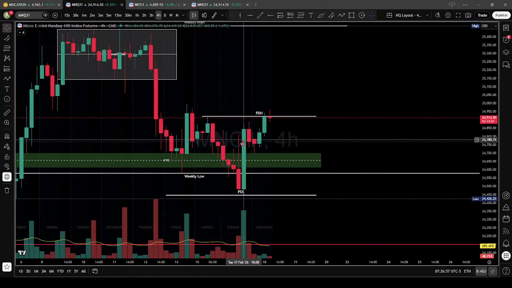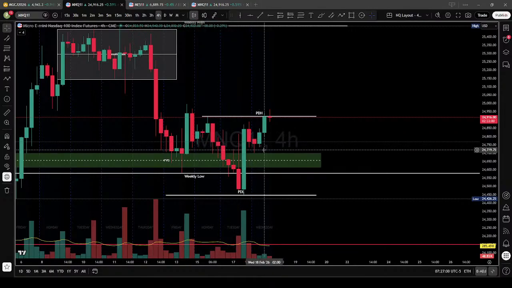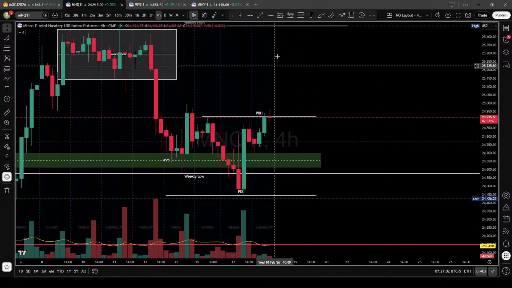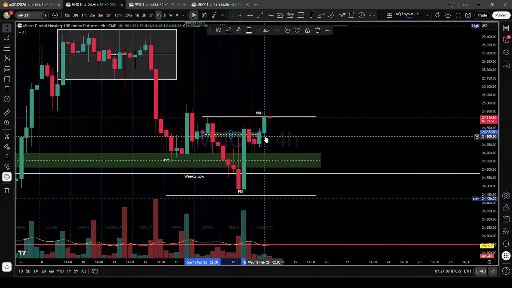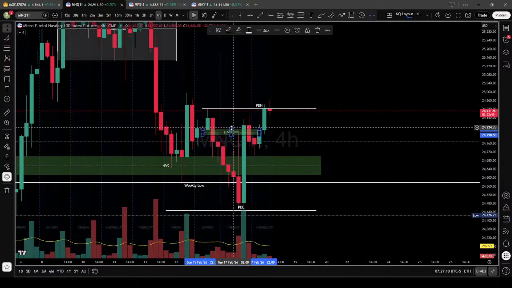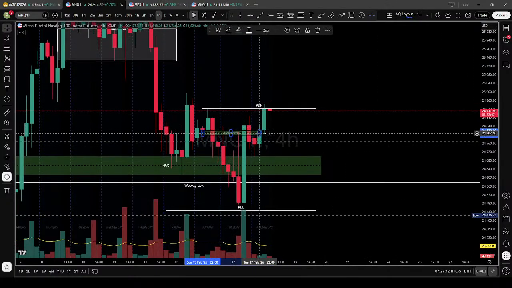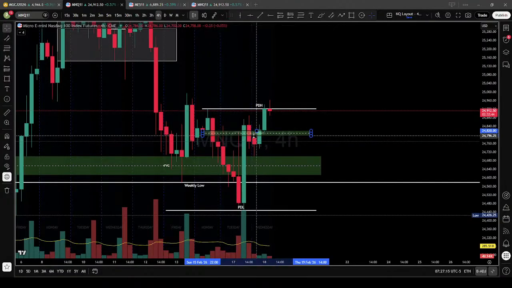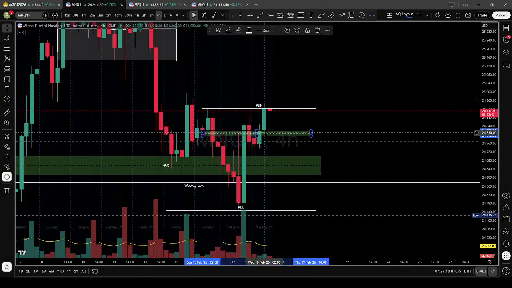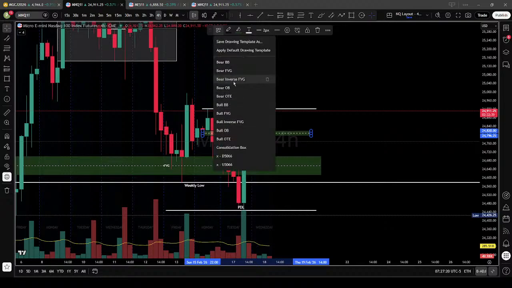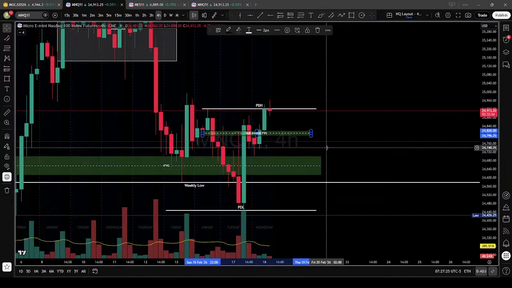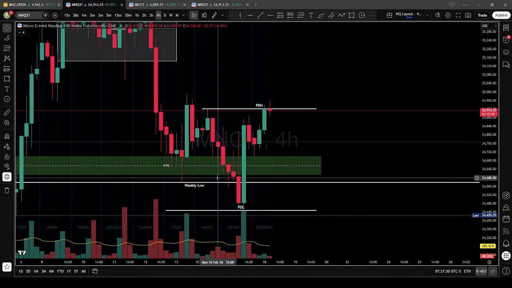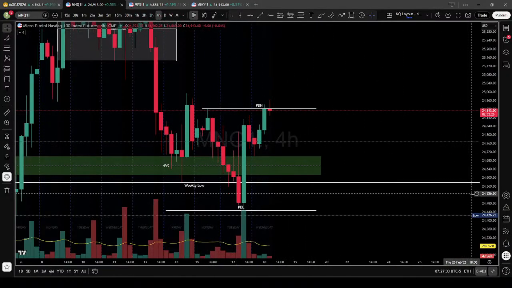But what I can see is there is no fair value gap other than just this one. This is a 4-hour fair value gap which was already tested, but this was a 4-hour bear fair value gap, which is now turned into a bull inverse fair value gap. But it's not a clean structure here, so I would neglect that part right now.